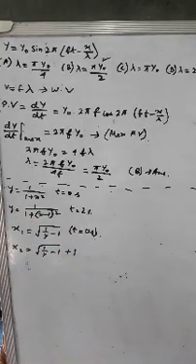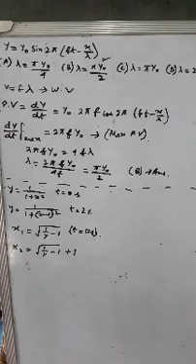Now students, if the velocity of the wave be v, small v, then what is the basic concept of velocity? The basic concept of velocity is total distance by total time, or change of distance with respect to change in time, isn't it?